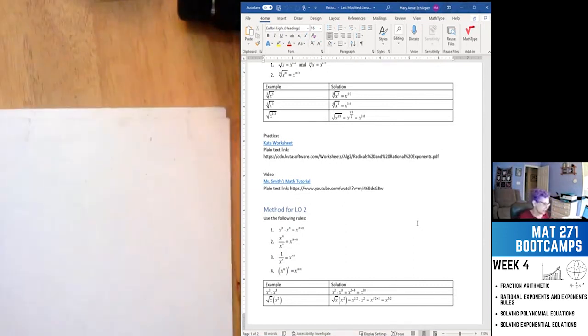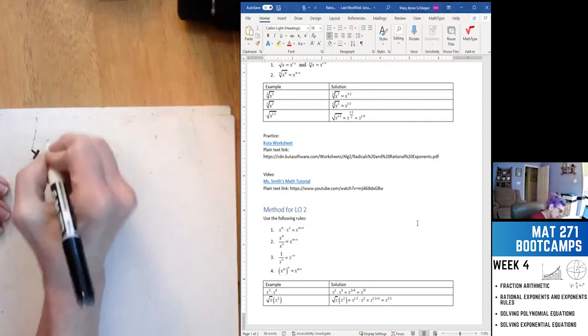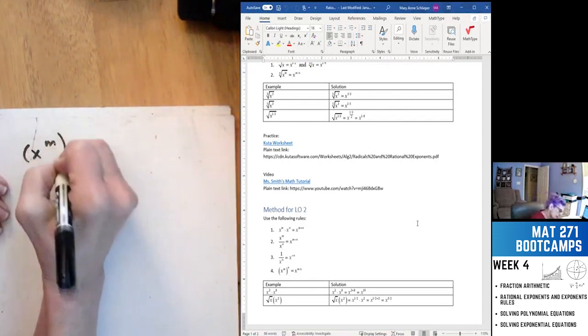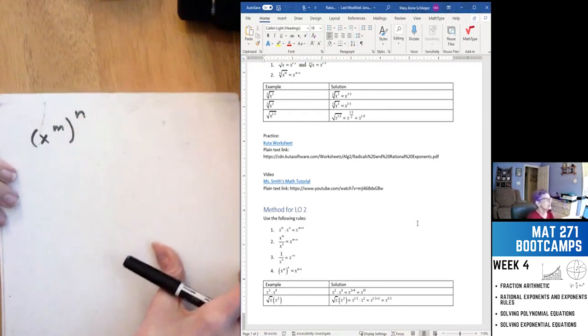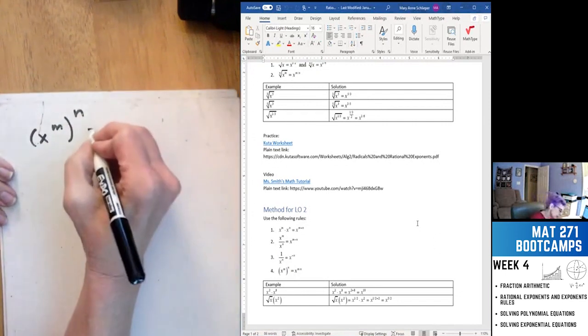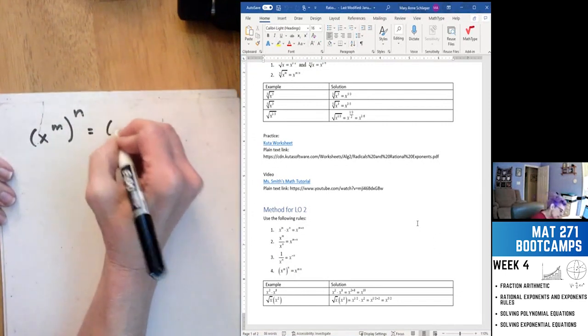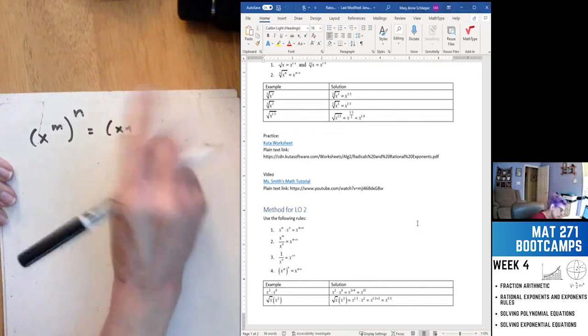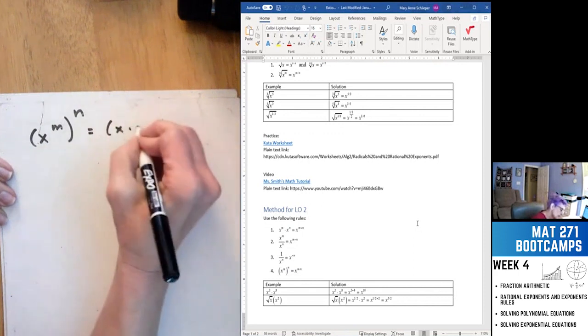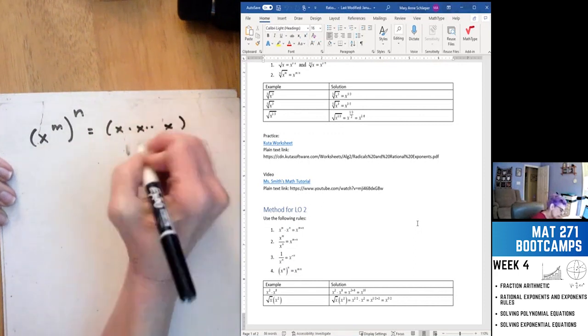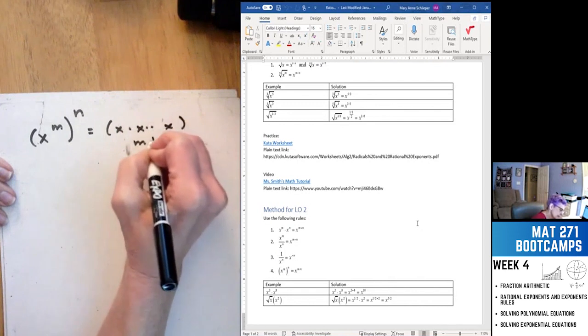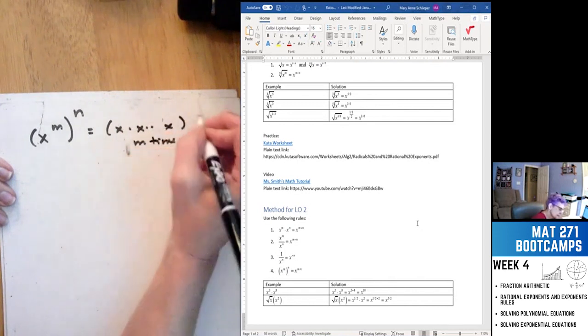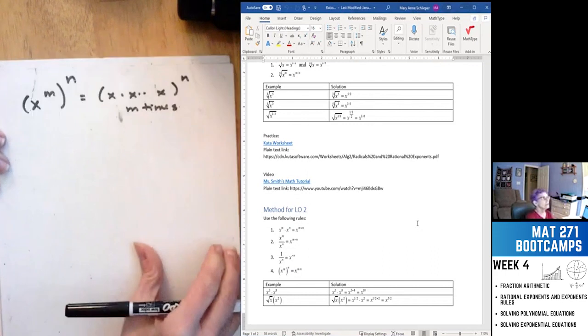And finally, a power to a power. If I have x to the m to the n power, that means I have x times x times x, m times, raised to the n power.